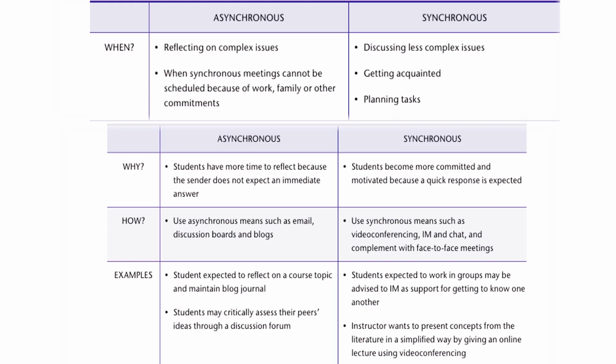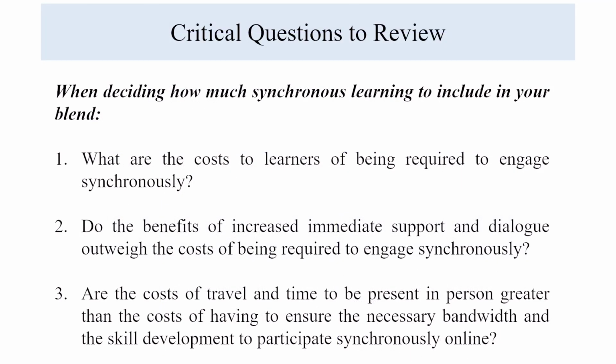We come to some critical questions to review. When deciding how much synchronous learning to include in your blend, what are the costs to learners of being required to engage synchronously? Because we know online synchronous requires more data.